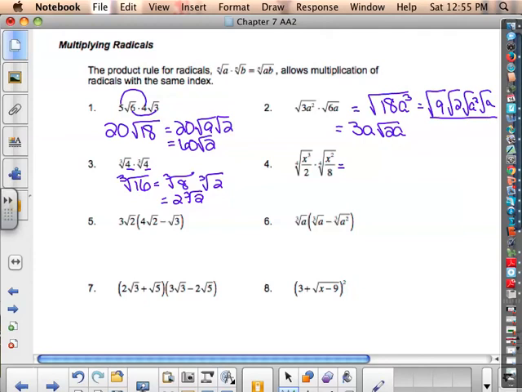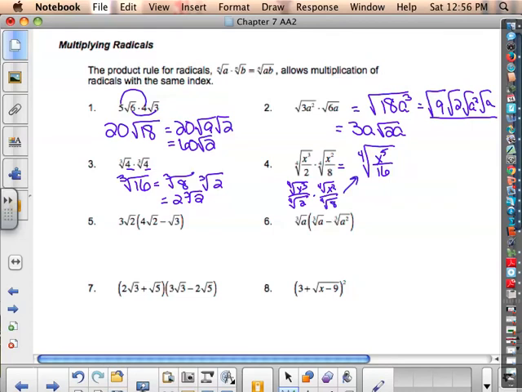Number 4, again, you're multiplying, so you multiply those numerators together, so you'll have the fourth root of x to the fifth over 16. You can rewrite those if you want: fourth root of x to the third over fourth root of 2 times fourth root of x squared over fourth root of 8, and then multiply them.